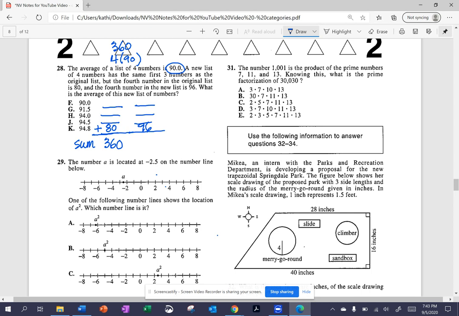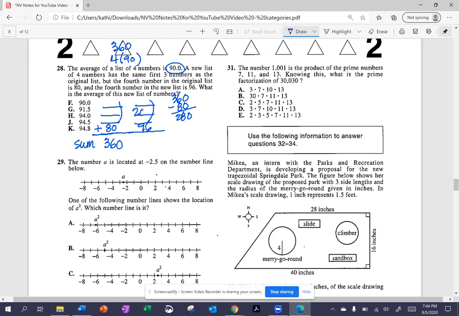So I know also that if I take 360 and subtract out 80 for this number, the total of the first 3 numbers of either list is going to be 280.